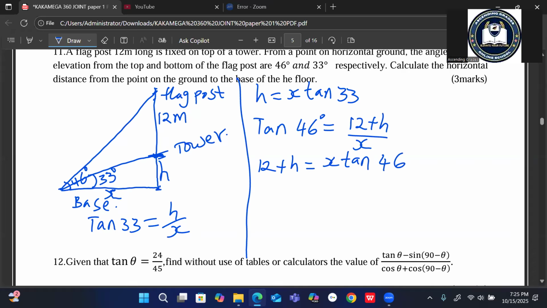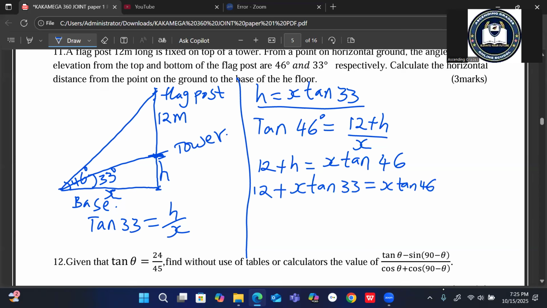Since h is x tan 33, we replace it here. So it will be 12 plus x tan 33 gives you x tan 46.